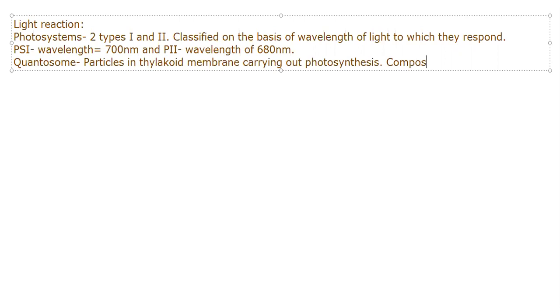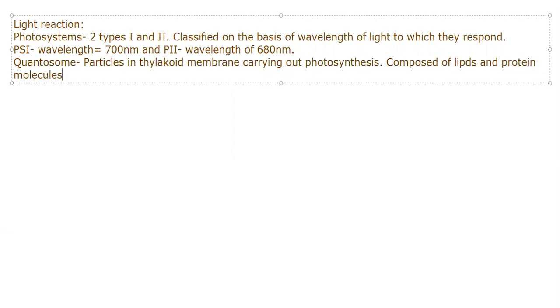Composed of lipids and protein molecules, right?